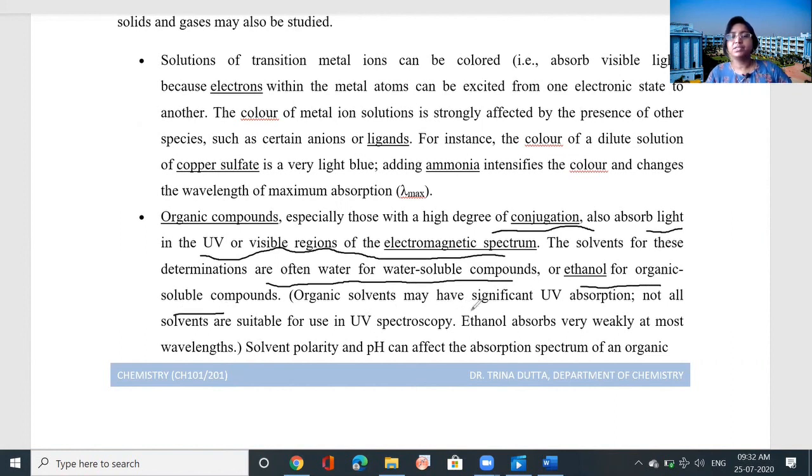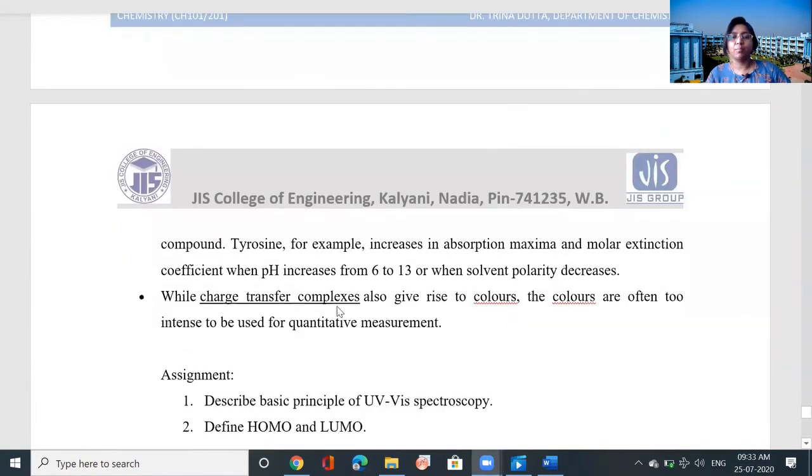Organic solvents may have significant UV absorption. Not all solvents are suitable for use in UV spectroscopy. Ethanol, for example, absorbs very weakly at most wavelengths. Solvent polarity and pH can affect the absorption spectrum of an organic compound.